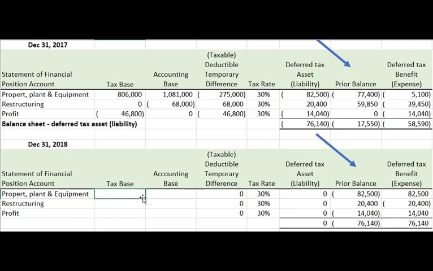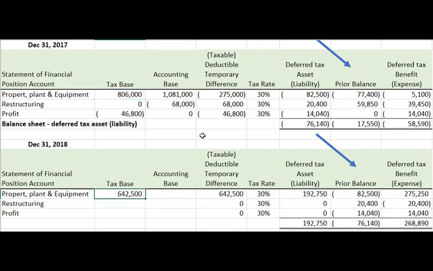We look for the new information, so the tax base for 2018 is going to be the UCC at the end of 2017 less the depreciation that was taken in 2018. And for that we look at Part 2, and it says CCA for tax purposes was $163,500 for 2018.